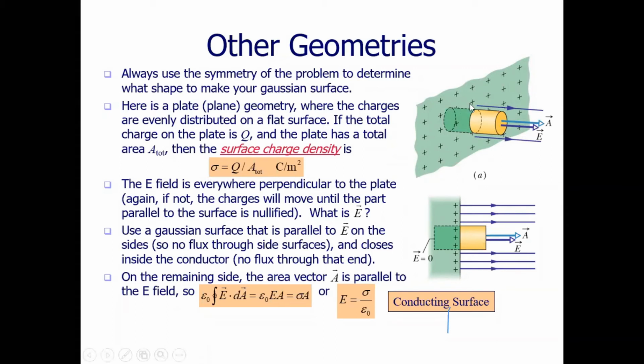So if you have this charge distribution, what kind of Gaussian surface can you think of that will be able to enclose some charge within this charge distribution? Before we come to the Gaussian surface, let us first look at the electric field lines.